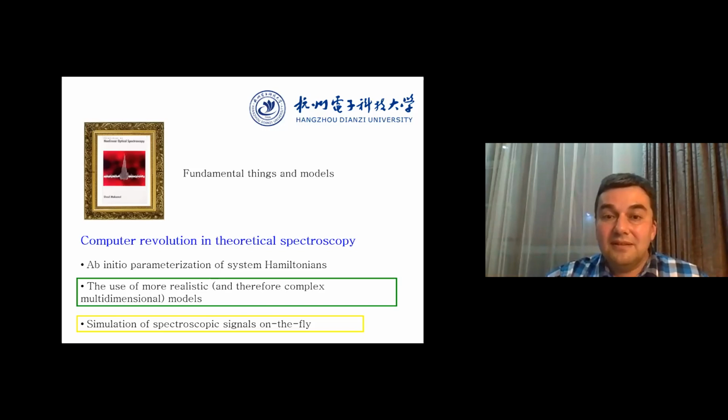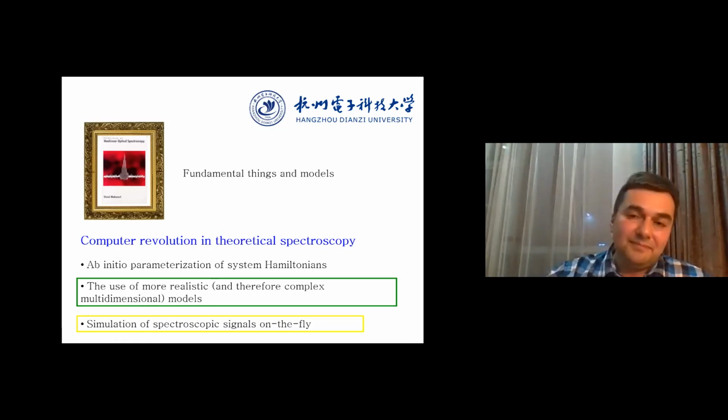We can parameterize our Hamiltonians by using true molecular parameters. We therefore can use more complex and more realistic models for the simulations of dynamics and spectroscopic signals of our systems. And of course, the golden dream of probably the entire community is to do all dynamical and spectroscopic calculations on the fly.